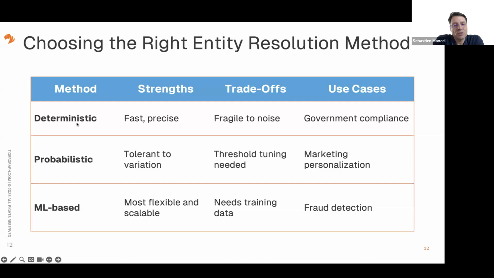So the goal here is to align the method with the specific needs of your business problem. Many real-world implementations use a hybrid approach, combining deterministic rules with fuzzy matching, and then augmenting that with ML scoring when the stakes are high, like in fraud detection use cases, for example.